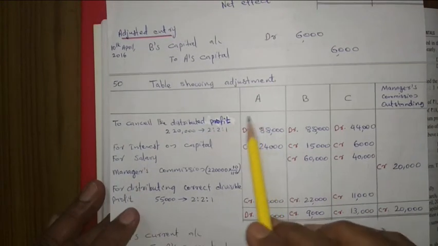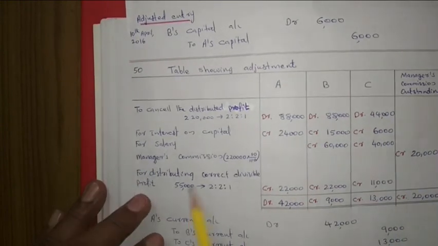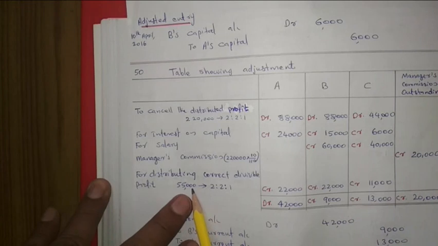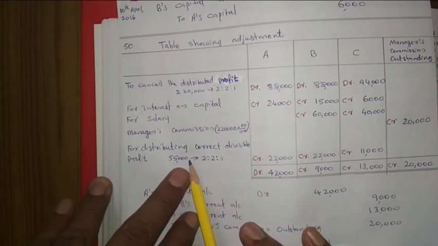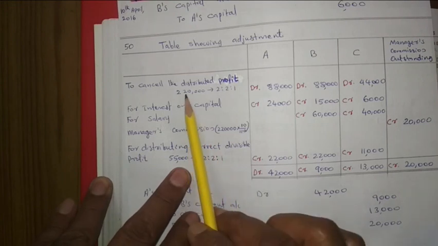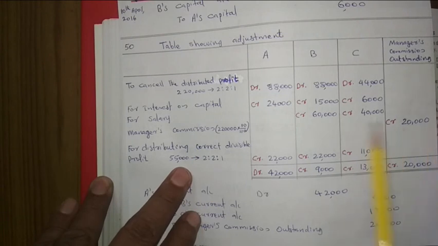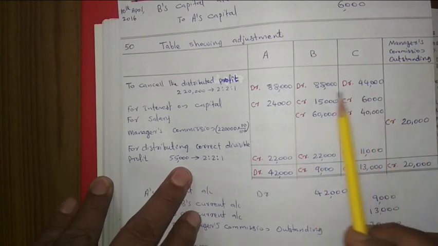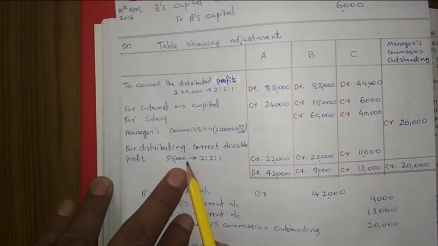Then after doing this much, we have to find out the divisible profit, and the divisible profit is coming to 55,000. For getting the 55,000 we did these calculations: 2,20,000 minus, firstly the commission we deducted, then interest on capital of all the partners, and salary to both the partners we deducted, then we get 55,000.